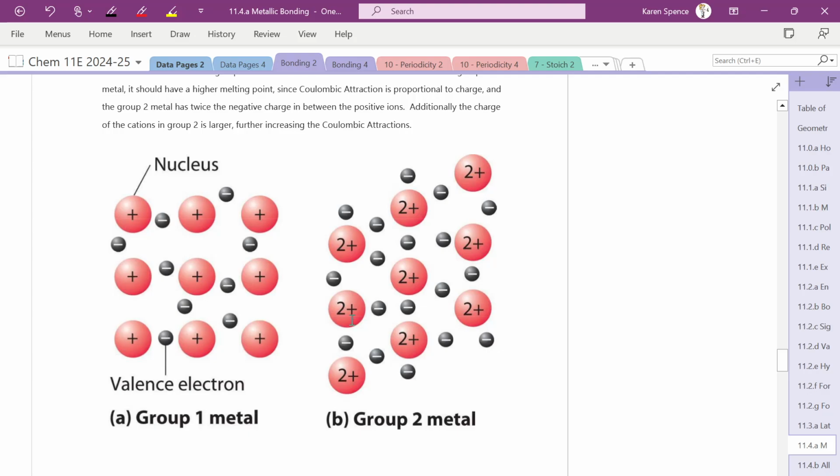Yeah, the group 2 will be harder and it'll have stronger metallic bonds. Okay, that's what they were talking about in the video.